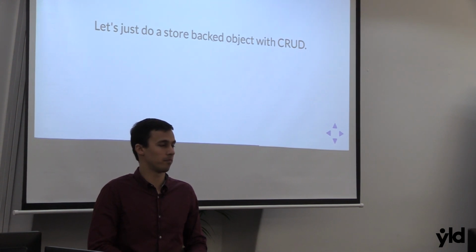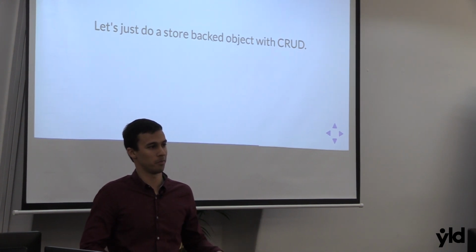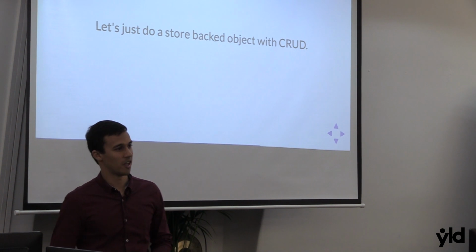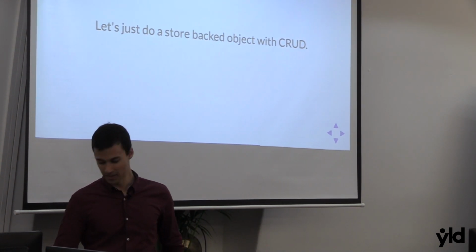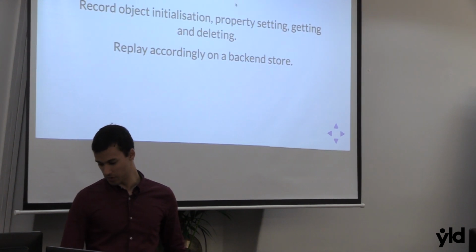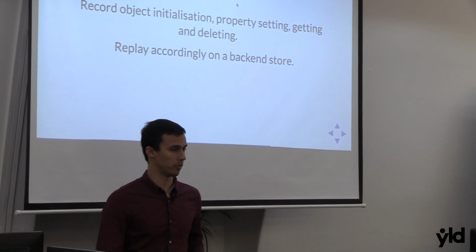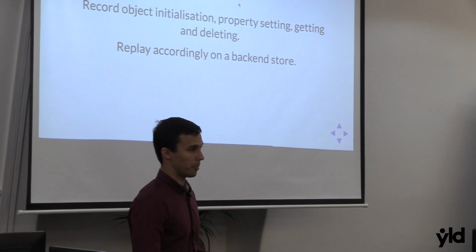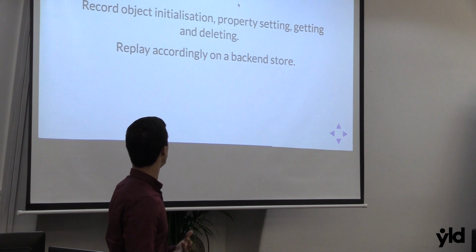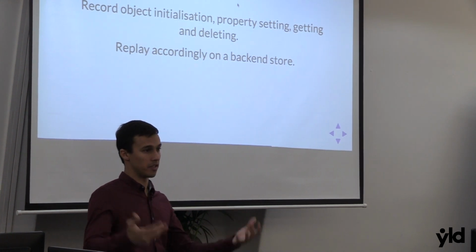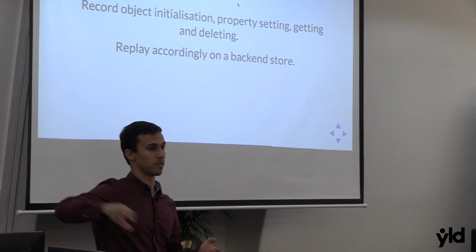That would be a quick, fun use case to show at a meetup about proxies. I bet a full-fledged ORM could be implemented as well, but who has the time, right? So this is what I think we would have to implement. It's record property setting, initialization, getting as well, and deleting, and replay these actions on a database.